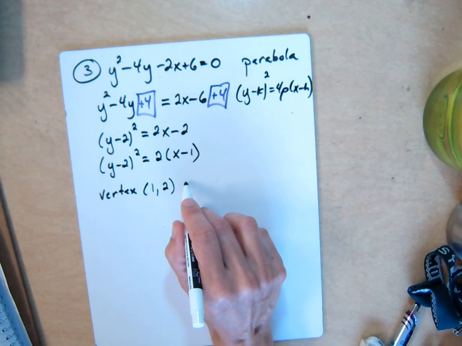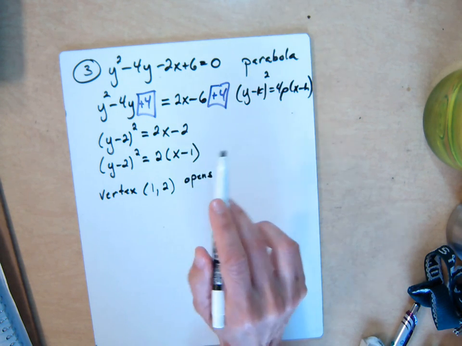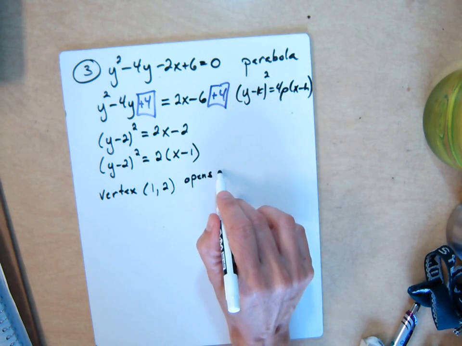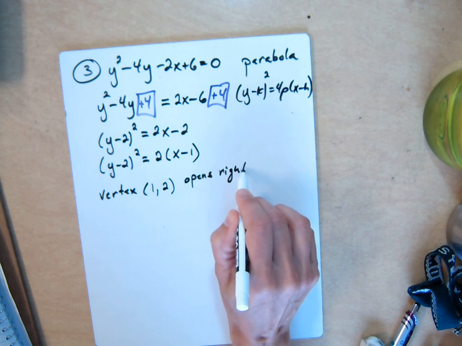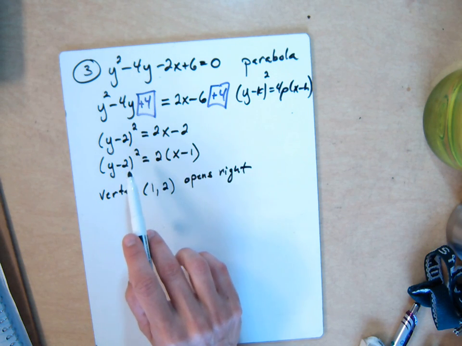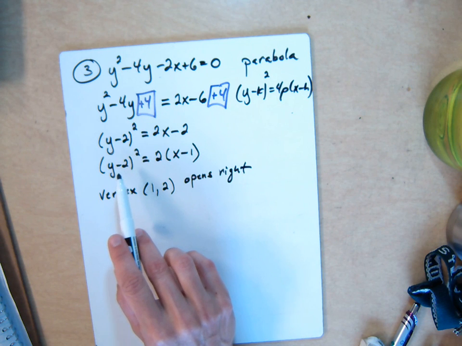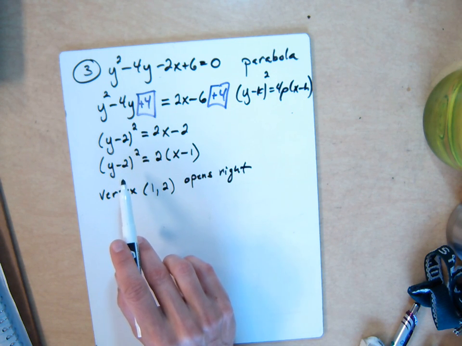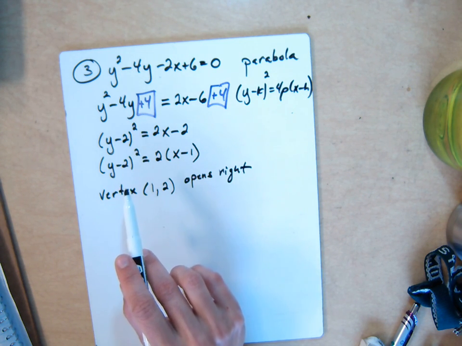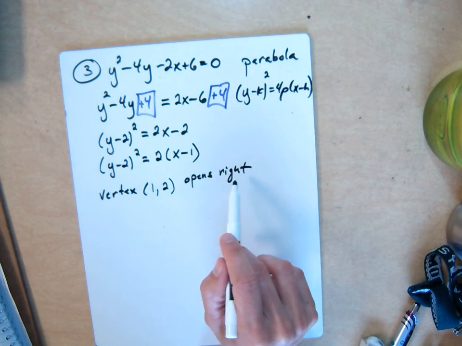And we know it opens to the right because 4p is positive, okay, and it's y squared. If it's y squared, it opens right or left, and I think it says that on your formula sheet. So it opens right.